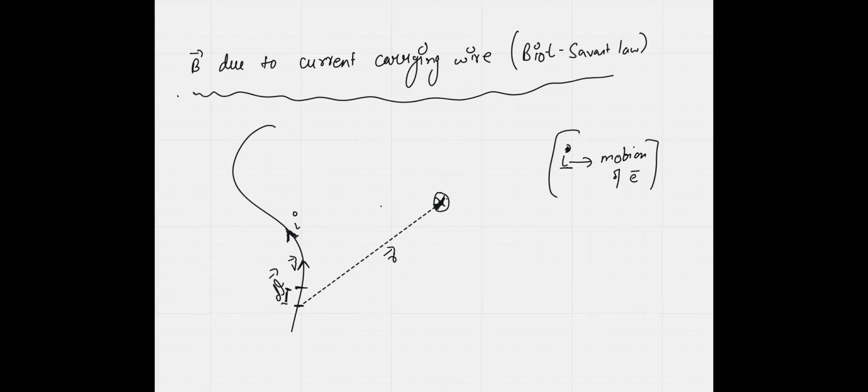Why are we calling inward the direction? Because if you see carefully, magnetic field is due to the current, and you can describe current in two ways: opposite to the electron, or in the direction of positive charges. Assume at this particular point there were no positive charges. It was a completely neutral body.